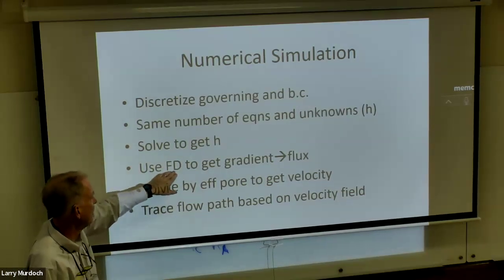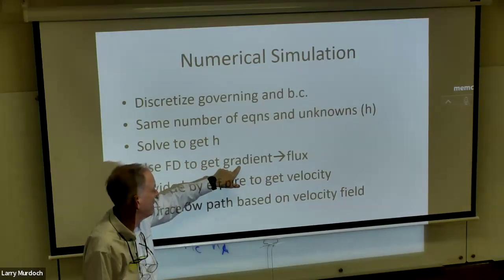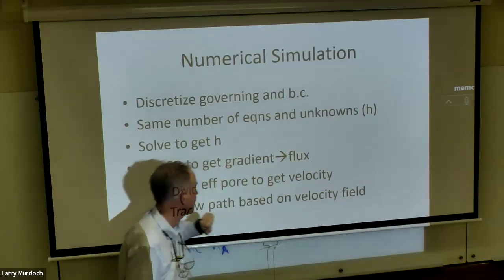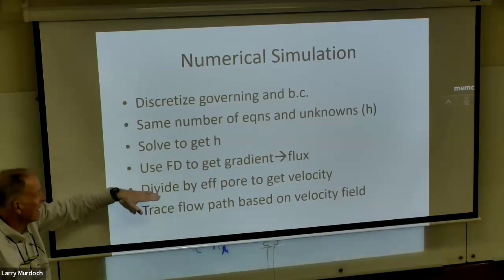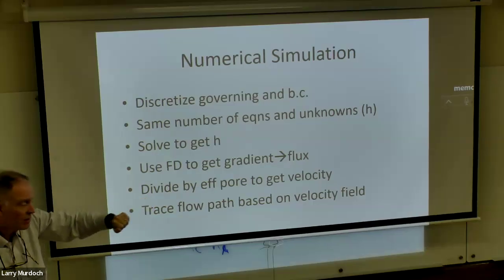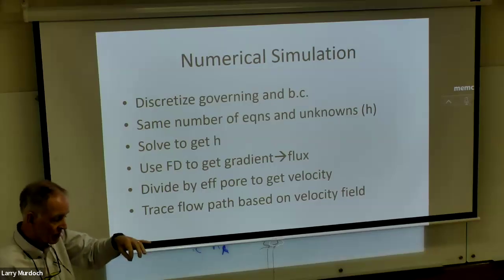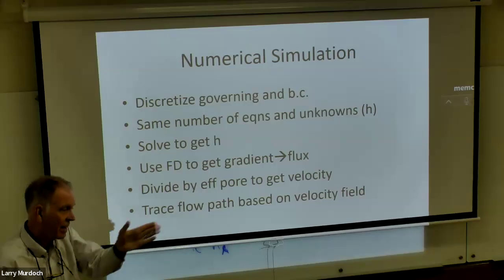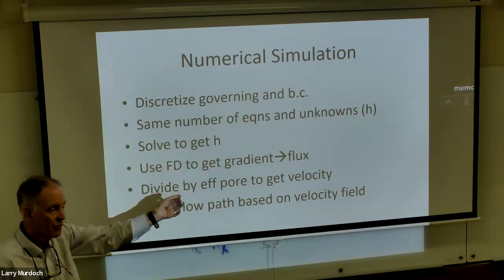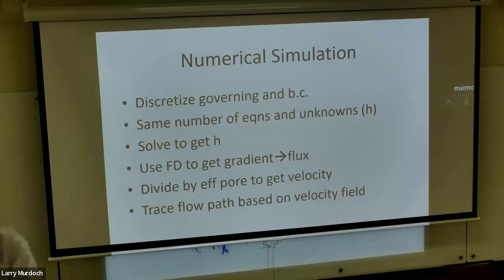We use finite differences to get the gradient in the hydraulic head multiplied by K, flip the sign, that gives us the flux. If we have the flux and we divide it by the effective porosity, we get the velocity everywhere. And once we have the velocity, we can put a point in there and integrate the velocity and get how the point moves through space. So we can determine the flow through the aquifer.